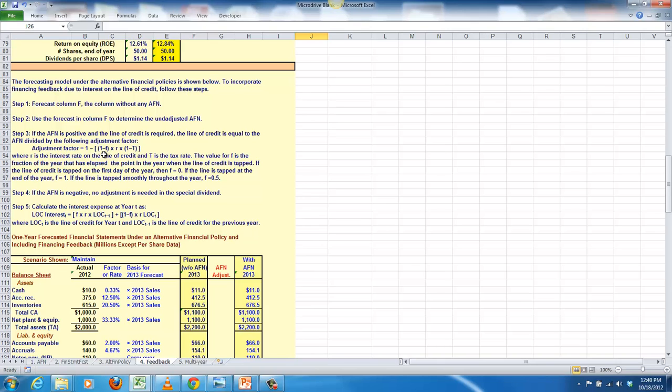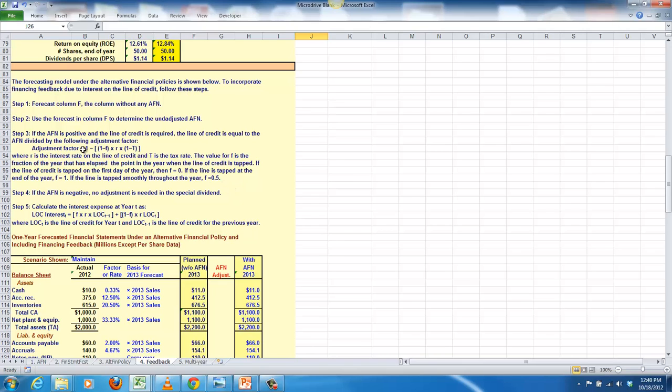Are we using that line of credit and taking out those additional funds needed? If it's 0, that it happens on the first day of the year. If it's 1, it happens on the last day of the year. If we just kind of draw it up, that line of credit, again, it's like a credit card. If we draw it up during the year, we put 0.5 because we're saying we take it out on average in the middle of the year. Okay.